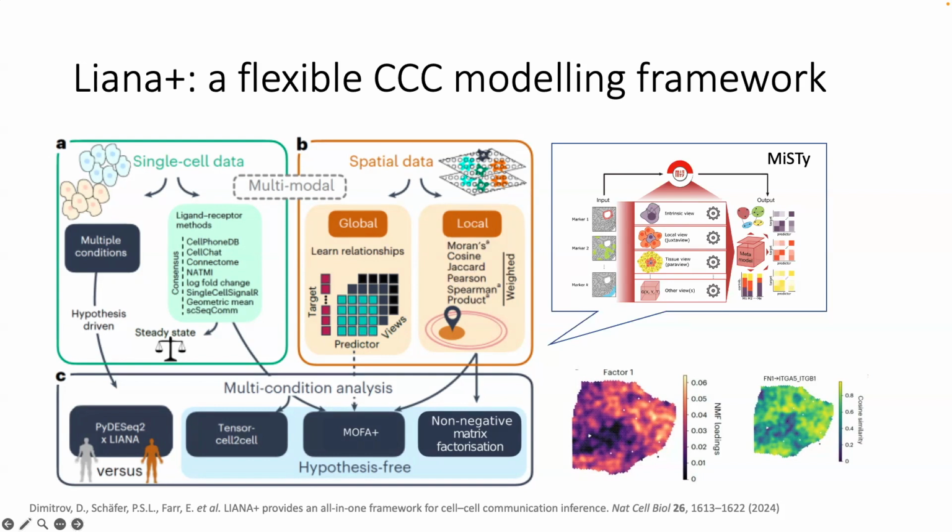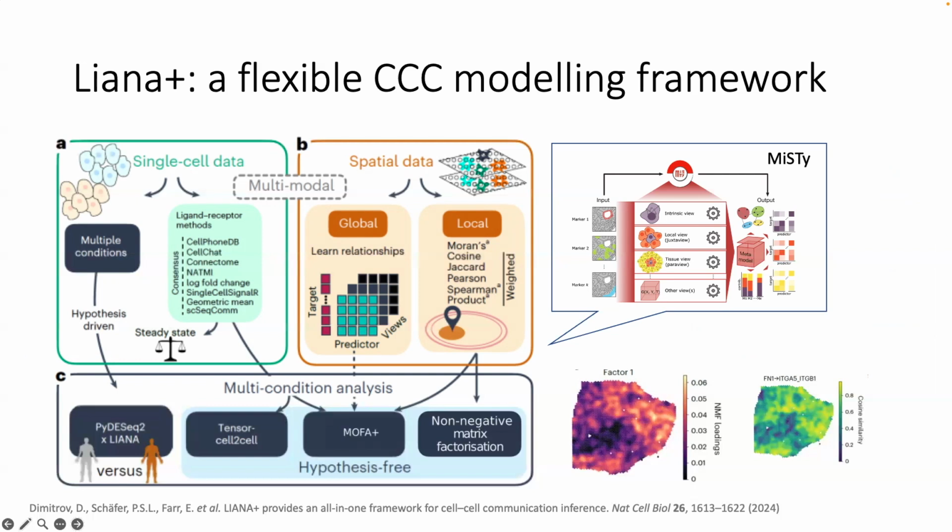It also is based on a previous tool that the lab of Julio developed called MISTY, and MISTY was actually a tool for multi-view analysis of your data. And basically, LIANA+ is building on top of a lot of existing tools and combines all that functionality into one big framework. For example, what you can also do is compare multiple conditions using this PyDESeq2 version.